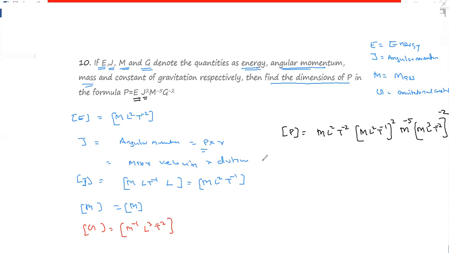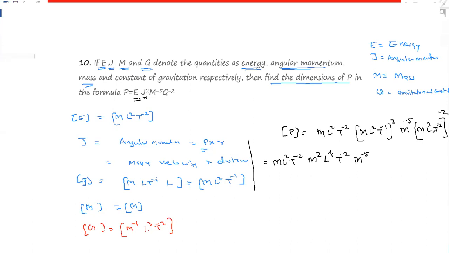So dimension of P equal to M L square T raised to minus 2. If you square this one, M square L raised to 4 T raised to minus 2. Then M raised to minus 5 into, what is the product of this one?